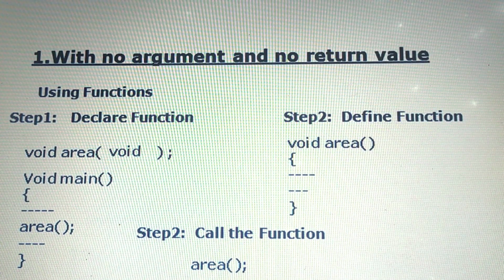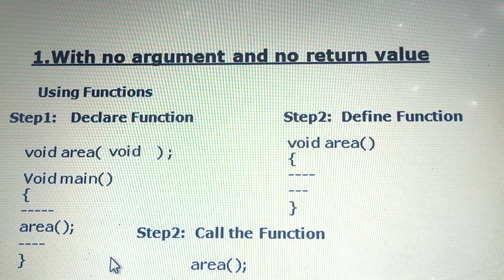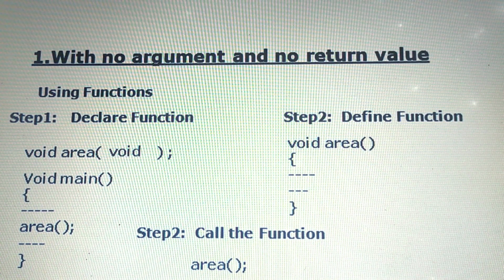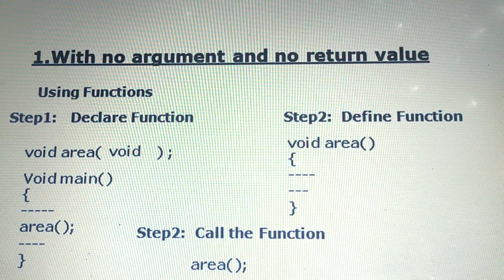Because if we mistakenly call the function with arguments, the computer won't show any error if we leave it blank. This program does not require any arguments, but if we mistakenly call area with 5, 7 or 5, 6, the computer won't show an error if we leave it blank. But if you use the keyword void, it will show an error if you mistakenly pass arguments while calling.